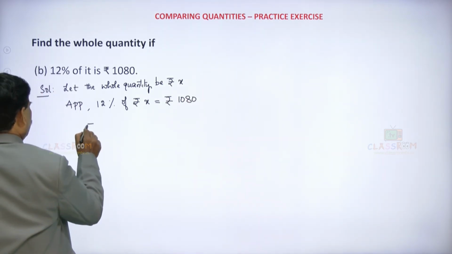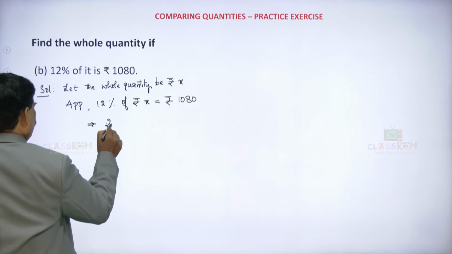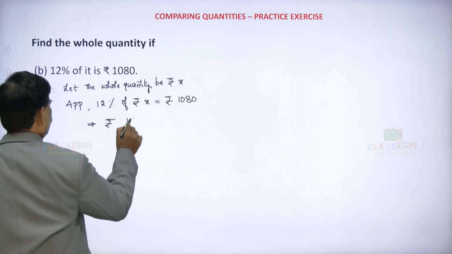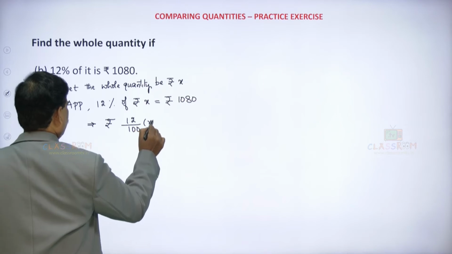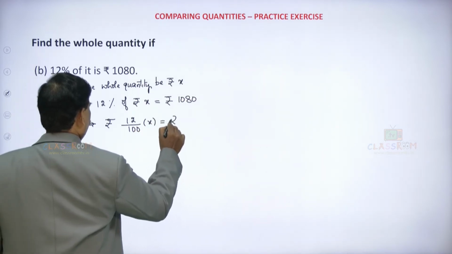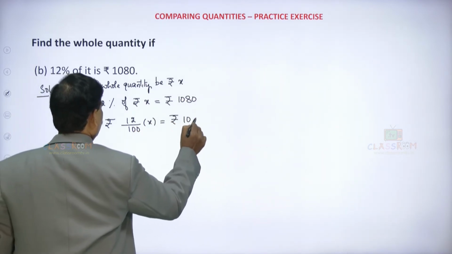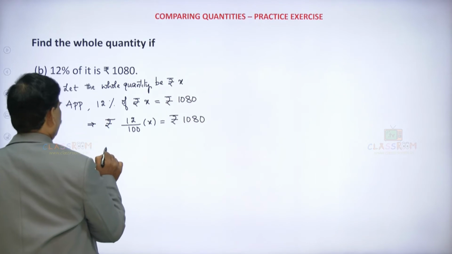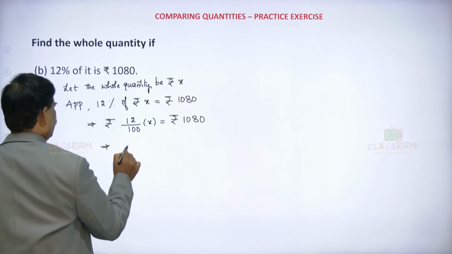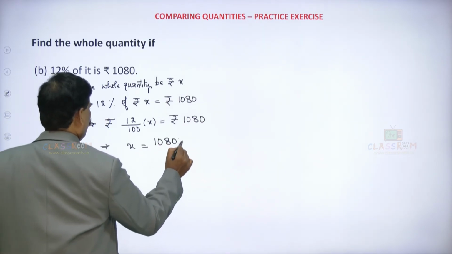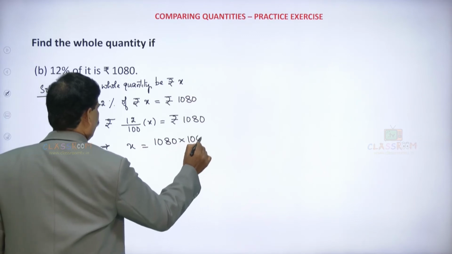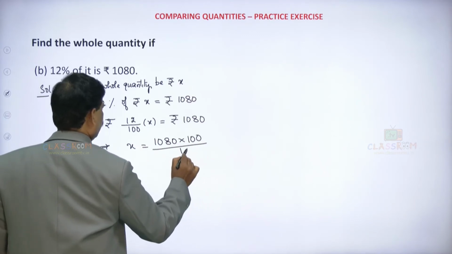So this is 12 by 100 into x is equal to rupees 1080. So then x is equal to 1080 into 100 by 12.